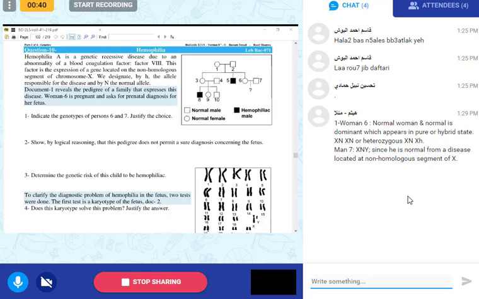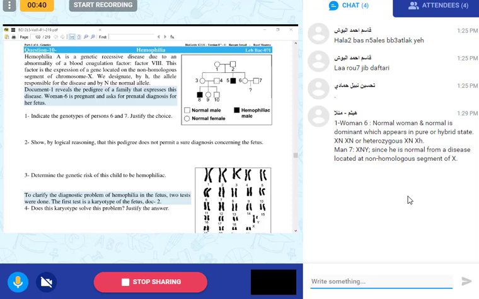Show biological reasoning that this pedigree does not permit a sure diagnosis concerning the fetus. Can I depend on the pedigree to know the genotype of the fetus? We cannot, even if you are sure that the female is XNXH.